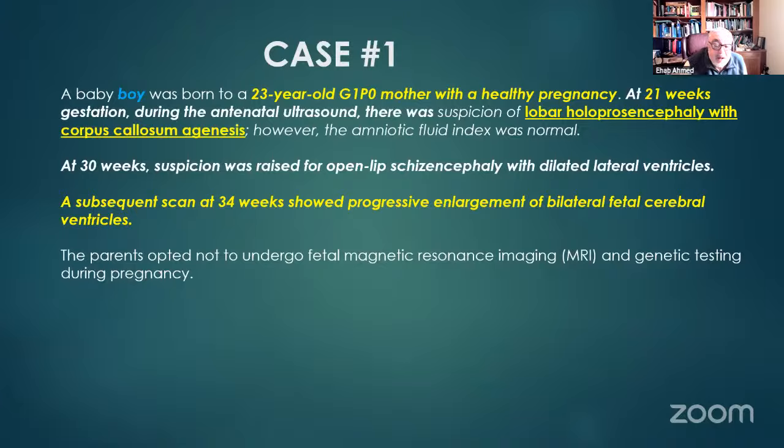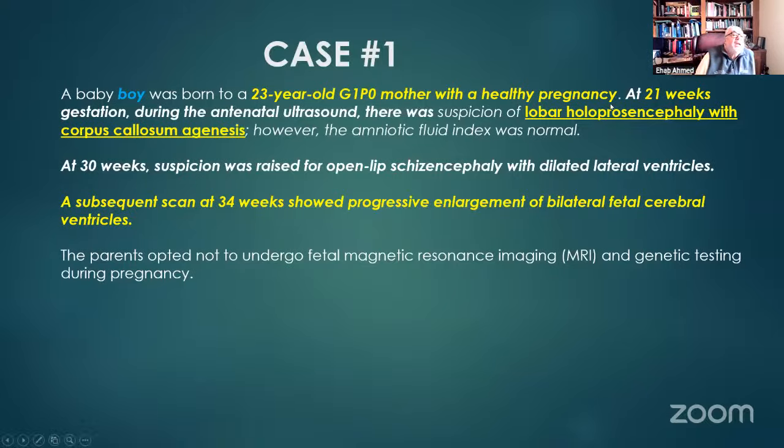Midline brain defect, meaning yes, it's partial or complete failure of division of the two hemispheres. It's called holoprosencephaly, and it has three types: lobar, alobar, and segmental, as we are going to see.